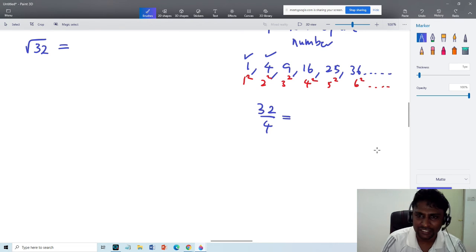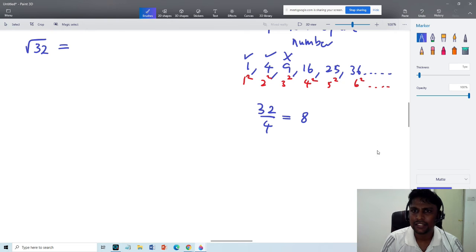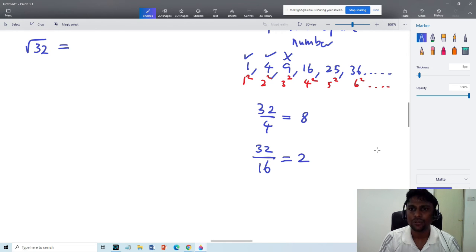What do you get? You get 8. Yes, you are right. Of course 9 cannot, then we check another number. 32 divided by 16, you get 2, right? So that can also. After that, 25 is bigger, so all the rest cannot.